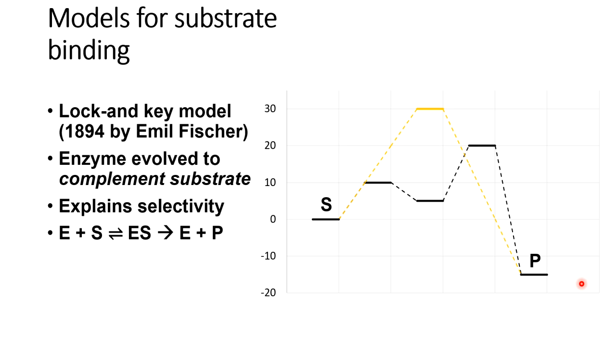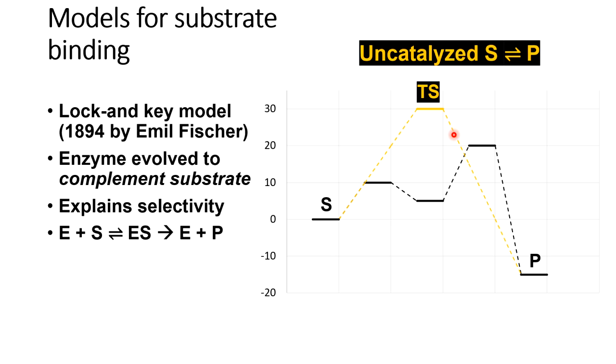The first potential well is the substrate, S, and the last potential well is P. First we follow this yellow trace, which is the uncatalyzed reaction, the conversion of S to P. It's just an elementary reaction with one transition state between S and P, which we've labeled TS.